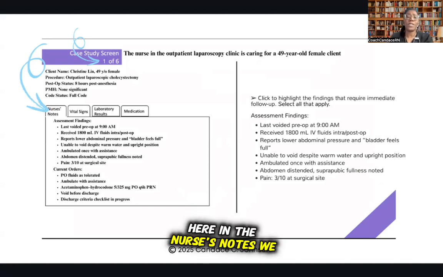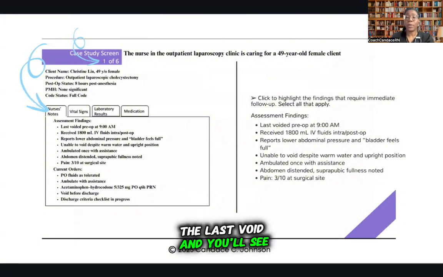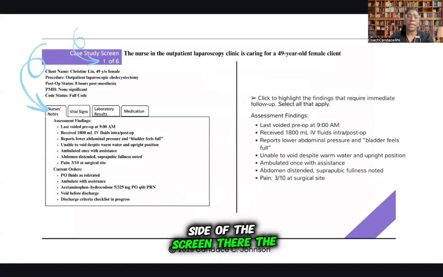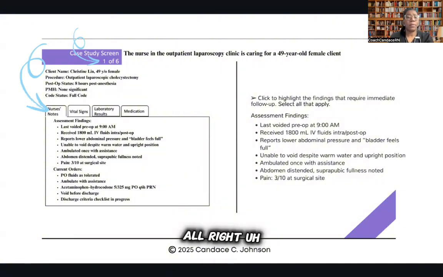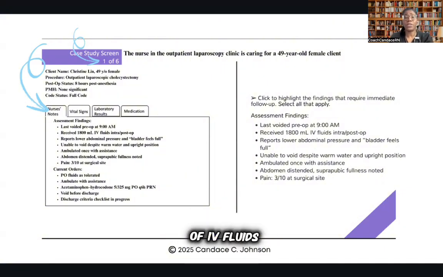All right, here in the nurse's notes, we see that the assessment findings are the last void, and you'll see that they align with what's on the right side of the screen there. The last void was pre-op at 9 a.m. The patient also received 1,800 milliliters of IV fluids intra and post-op.